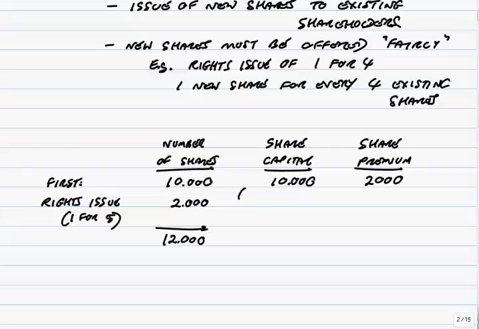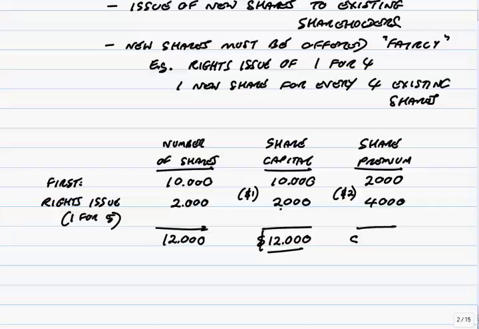Well, 2,000 at $1 each is 2,000. Share capital will go up to 12,000. However, they paid more than $1 clearly. They paid $3, so the extra $2 is the premium. And on 2,000 shares, there's a premium therefore of 4,000. So the share premium account will go up to 6,000.